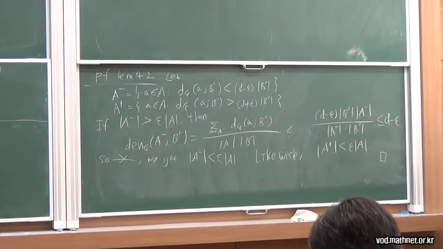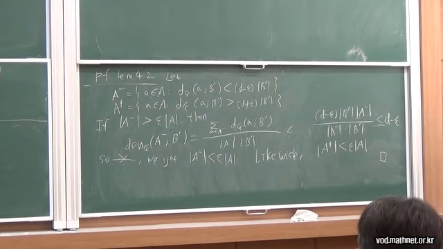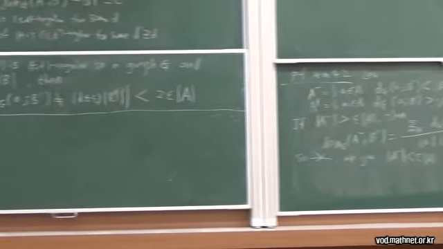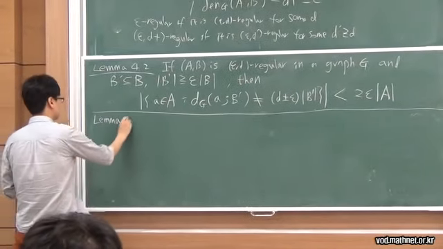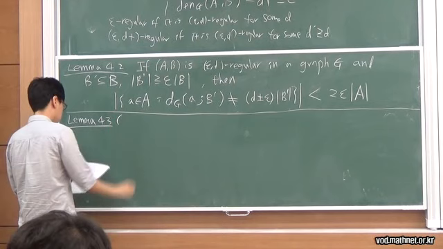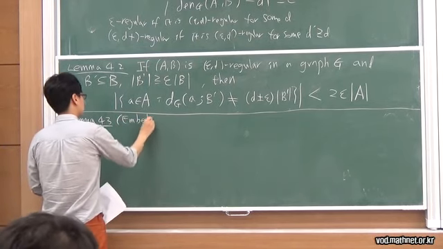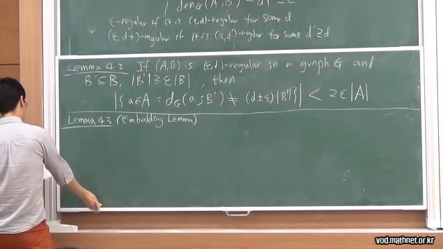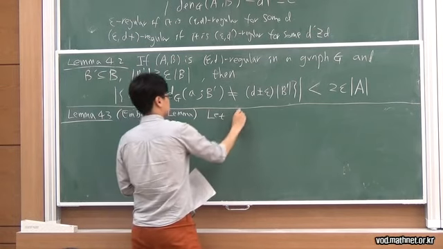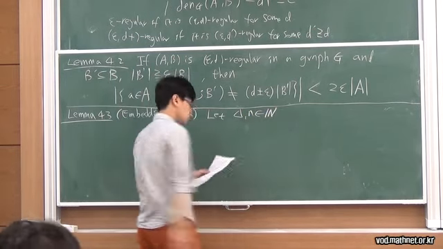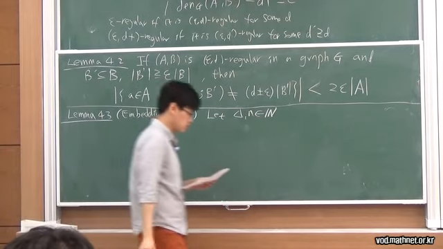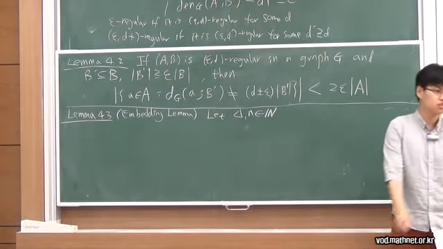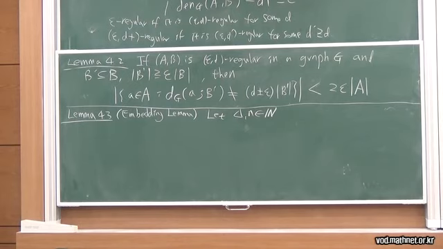So now we have proved this lemma. Next we can prove the embedding lemma, which says that this epsilon regularity structure is useful for our graph embedding problem. So this is called the embedding lemma. Say delta and n are integers, where n is the number of vertices that we will use, and delta is the maximum degree of H. So H has bounded maximum degree, and G has this epsilon regularity structure.